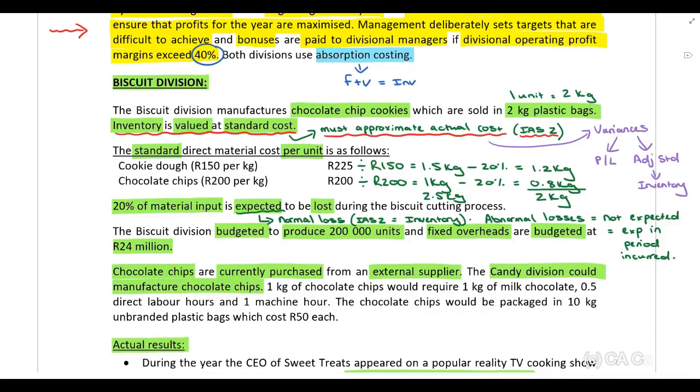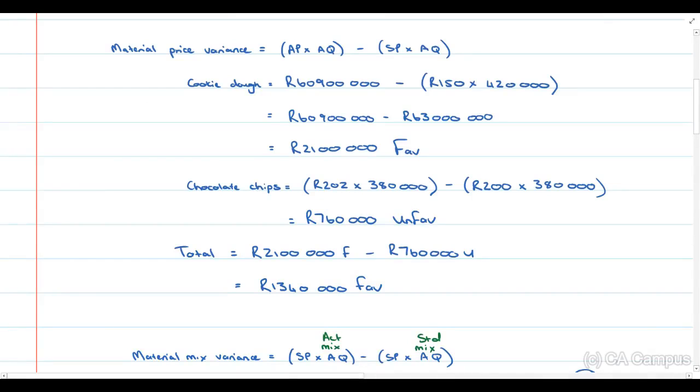So let's go back to the variances that we calculated, and we can discuss this for each of the variances that we calculated. So first, if we look at the material price variance for cookie dough, we had a favorable variance of 2.1 million rand. Now, before we can determine whether that variance should go to profit or loss, or whether we should adjust the standard and revalue inventory, we need to determine what the cause of that variance is.